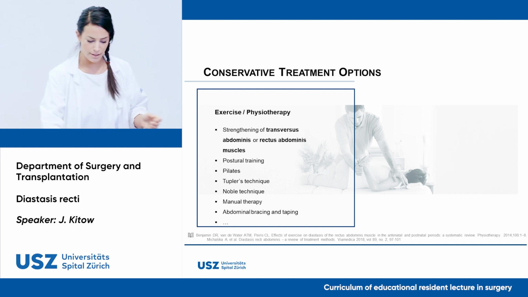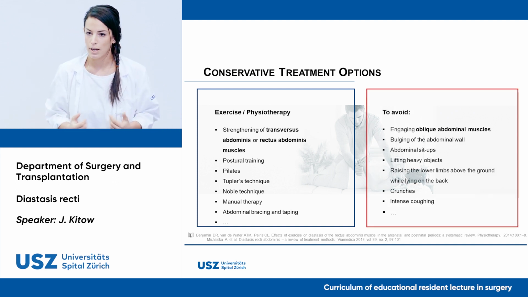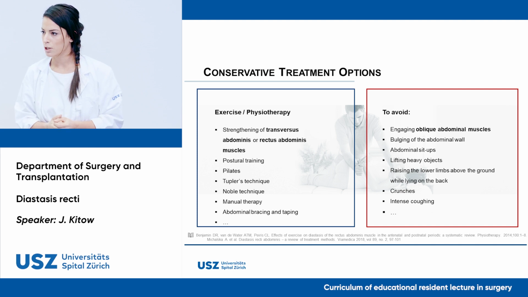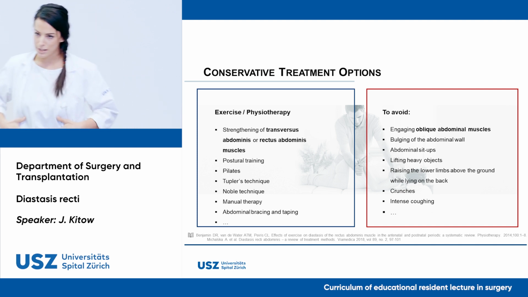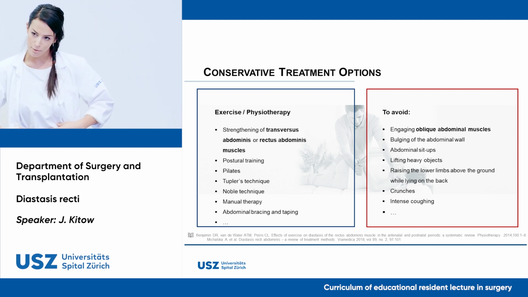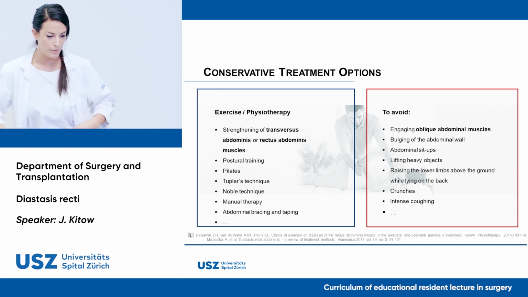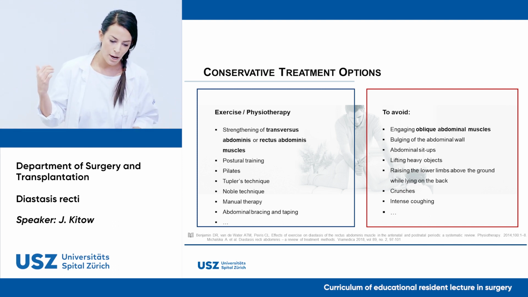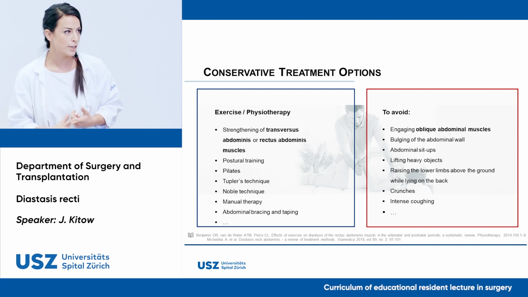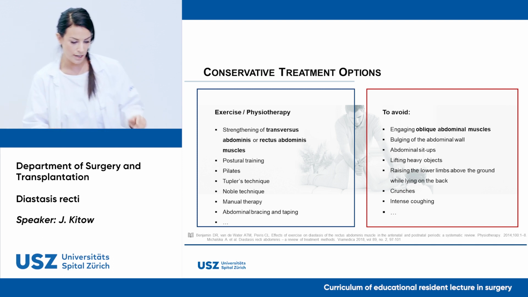But on the other hand, they say, don't do engagement of the oblique muscles too much, because if you engage your oblique muscles here, you might tear the rectus muscles even more apart from each other. So avoid abdominal sit-ups, lifting heavy weights, crunches, stuff like that.